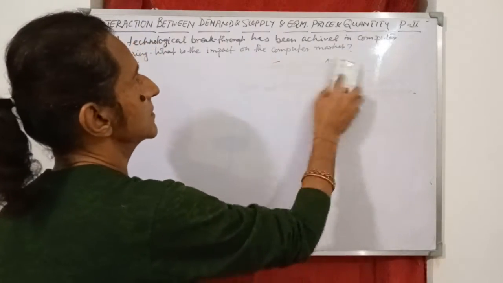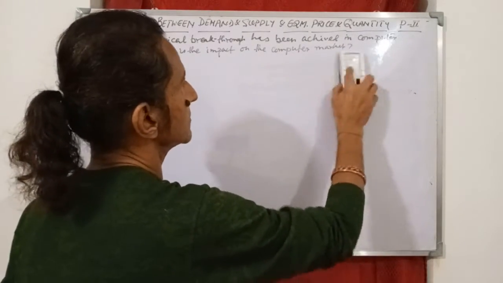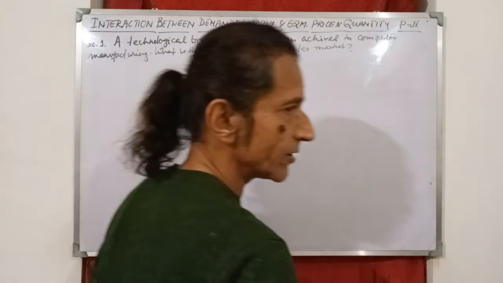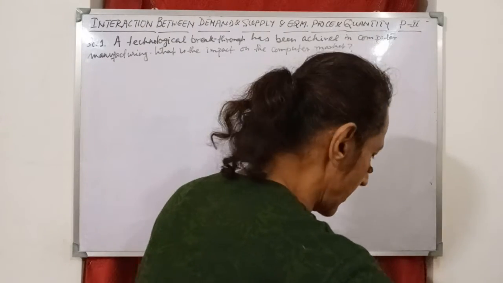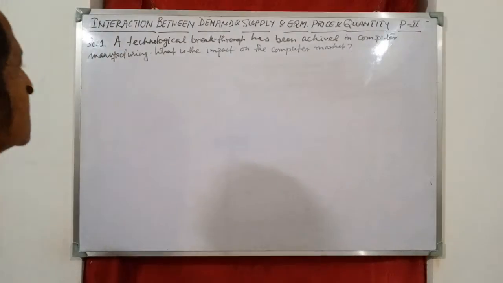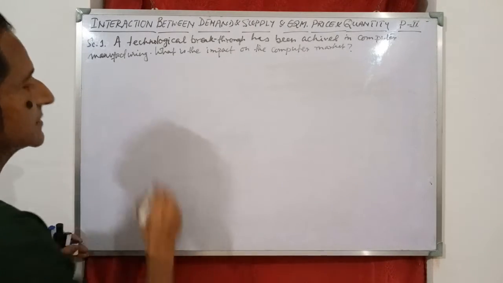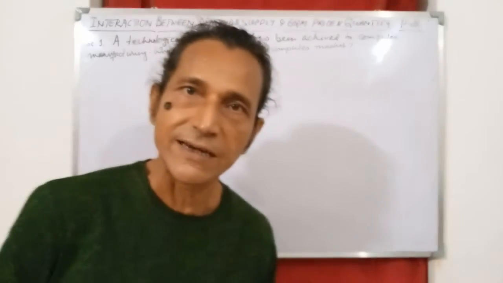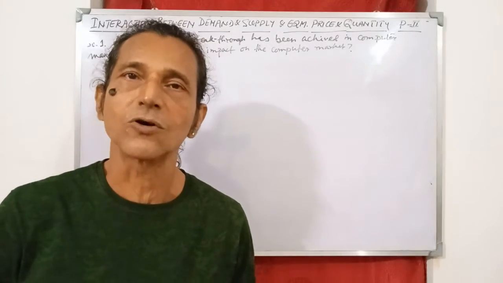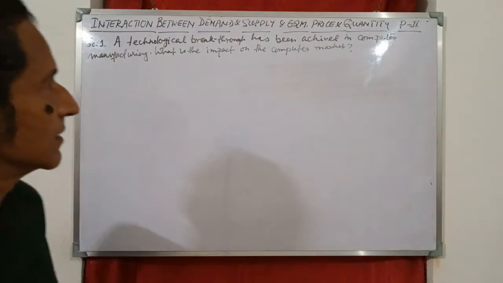Please look at the whiteboard, how I am drawing the diagrams and how I am explaining the things. First, we consider that a technological breakthrough has resulted in cost reduction, so cost of production has fallen.